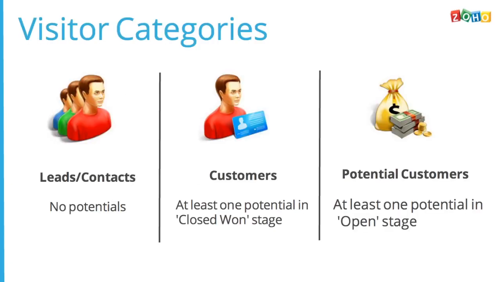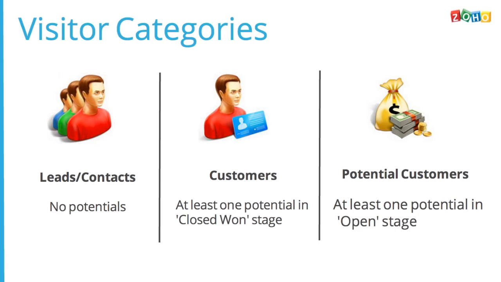All right. So now there are types of visitors that come into your website, and that's exactly how they are categorized in Zoho CRM: into leads, contacts, customers, and potential customers. Leads and contacts don't have a potential associated with them.